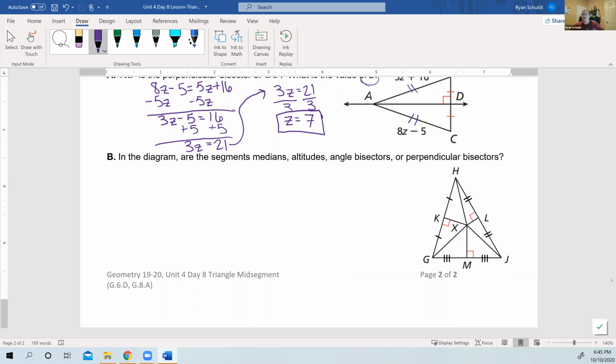The only one that deals with angles is angle bisector. Are we cutting any angles in half? Do we have any proof of that? No. Unless I draw them, we don't see any little marks in the corner. So we have no proof that that's happening. So they can't be angle bisectors.